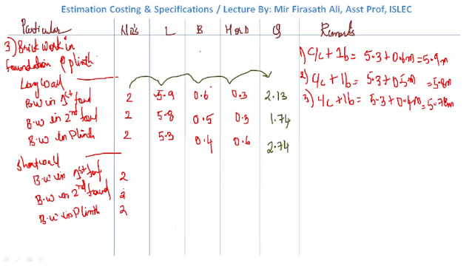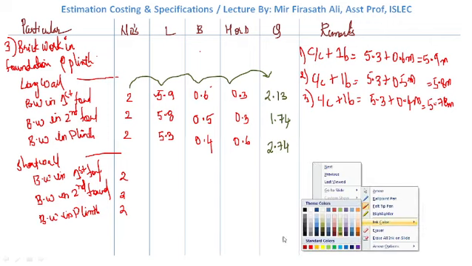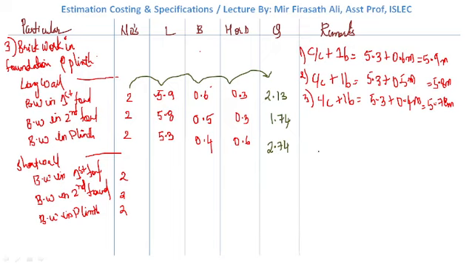So, we need to fill it over here also. Again we will insert the formulas, the same formulas with the minus symbols. First one, center to center minus 1 breadth, 5.3 minus 0.6.